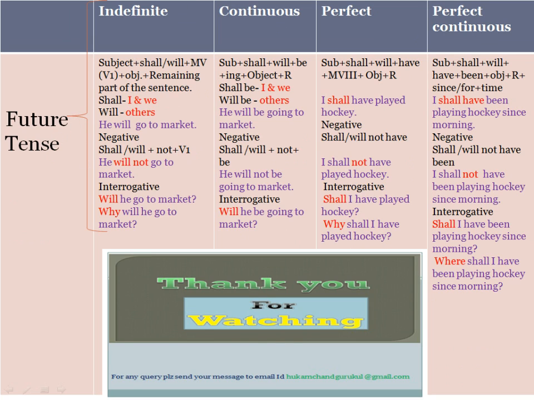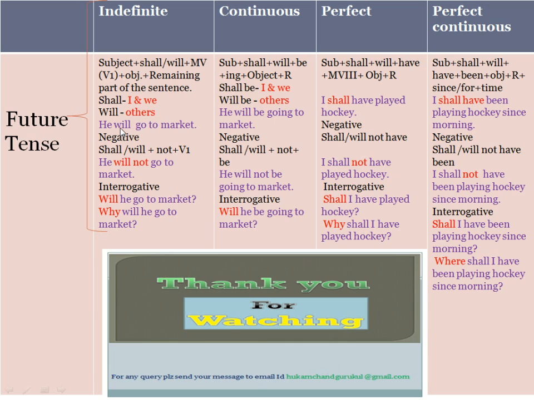Future tense: future indefinite, future continuous, future perfect continuous. Here shall and will are two helping verbs, shall with I and we, will with others. He will go to market. Just after the subject we use will, the helping verb, with the first form of the verb.